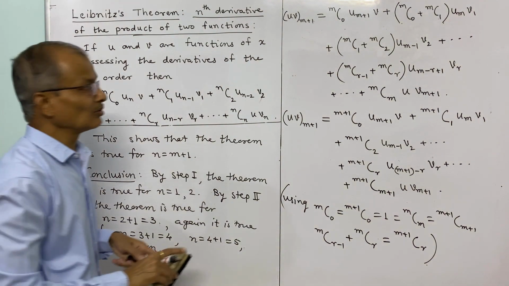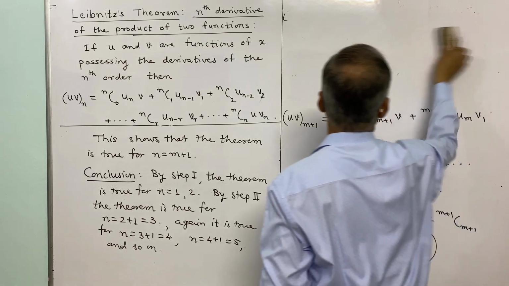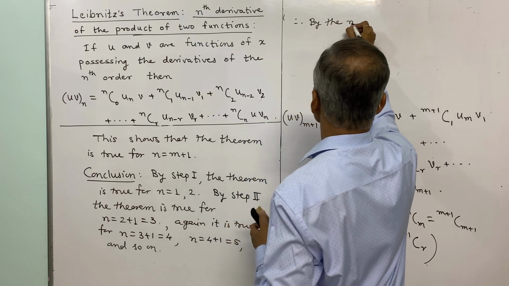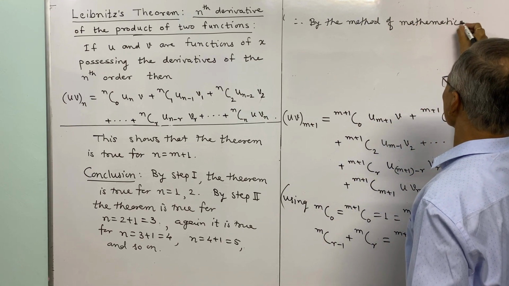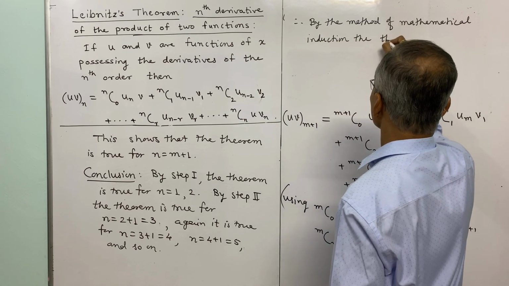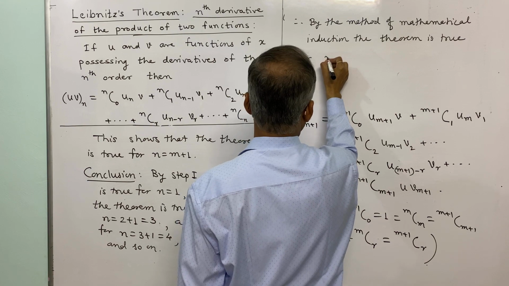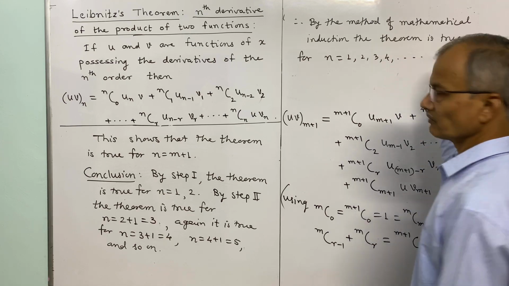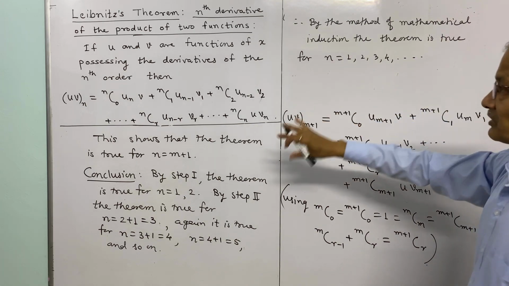So thus, by the method of induction, this is the method of induction that we have used, and therefore by the method of mathematical induction the theorem is true for n equal to 1, 2, 3, 4 and so on, infinite number of values, all natural numbers. The theorem is true, and this completes the proof of the theorem.